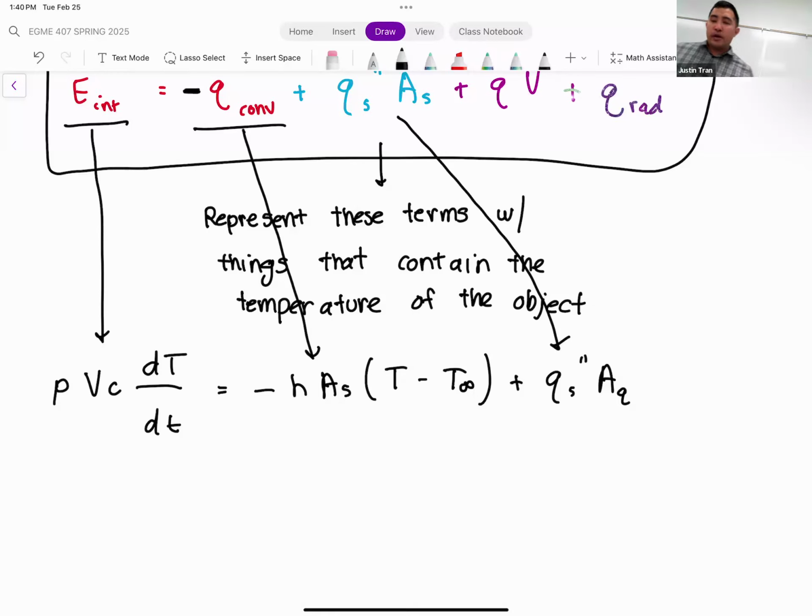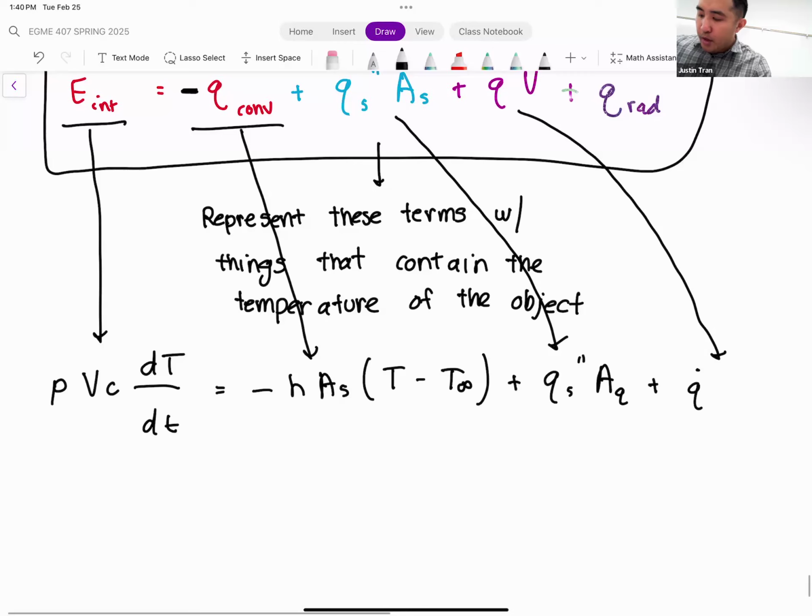So that term just comes right on down. And then for the thermal production, there's also not much we can do, because there's typically no way to represent thermal production in terms of temperature. Thermal production is a separate thing, and so this is just going to be Q dot multiplied by the volume.